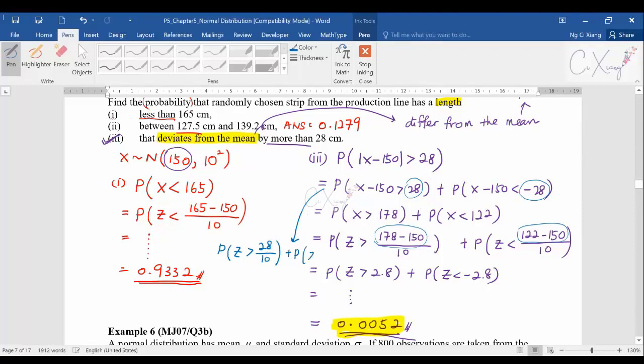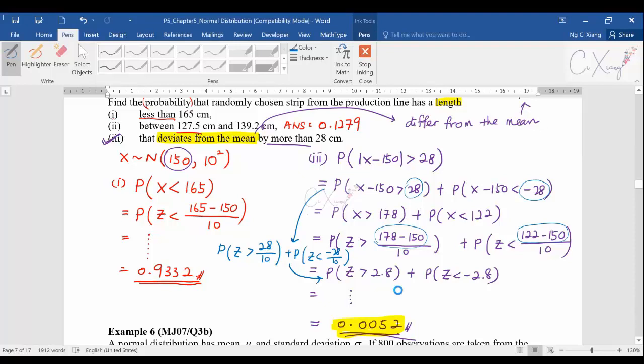Then plus z smaller than negative 28 divided by 10, and they come straight to this step. That also works, it depends on how you look at it. If you can see clearly, you can skip the step with 178 and 122 and get 2.8 directly if you want. This is just a suggestion if you can see it.